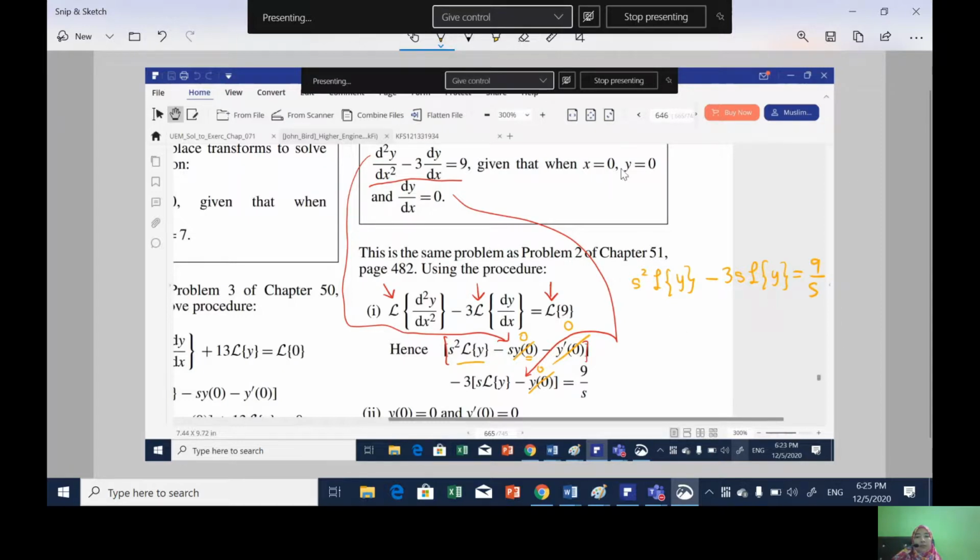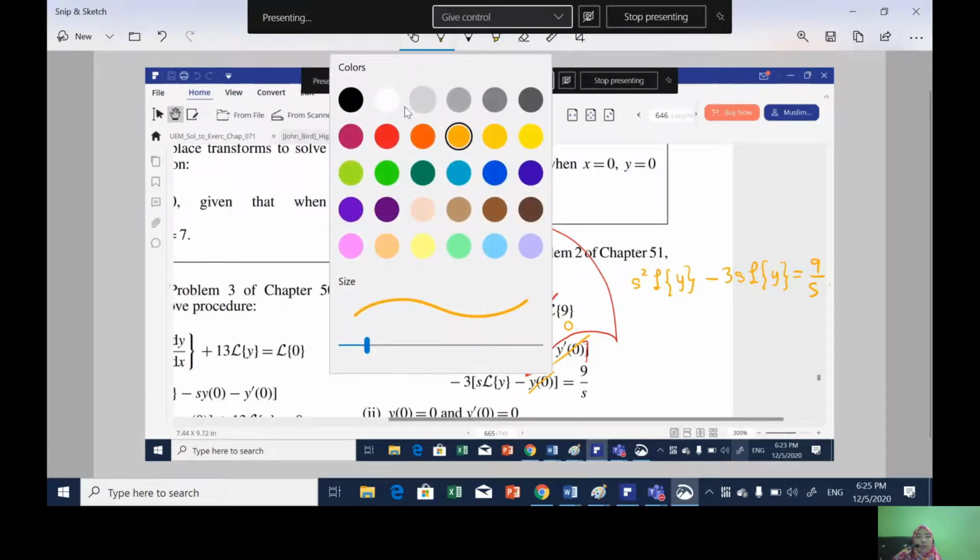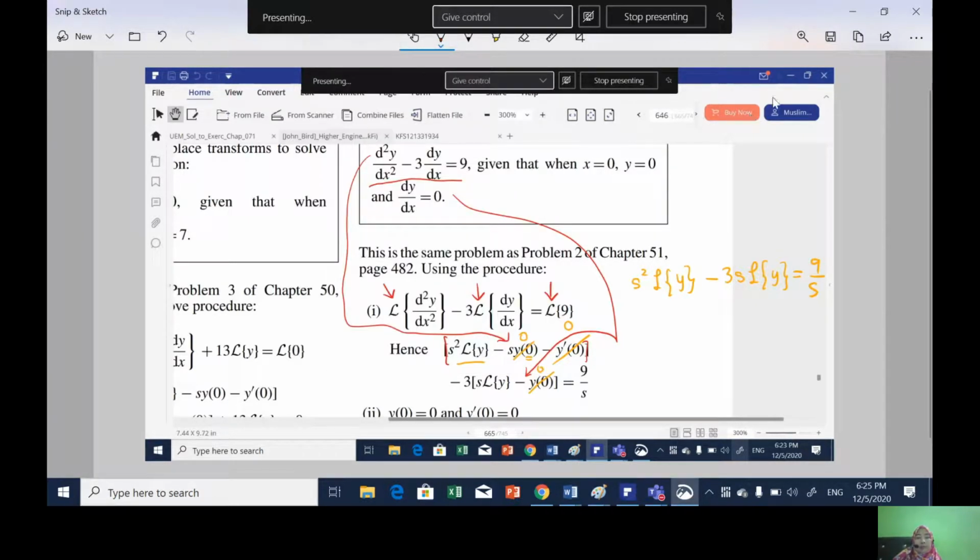It's very simple because our boundary conditions are given as 0: x is 0, y is 0, and dy/dx is also 0. So we take out L{y} and factorize.